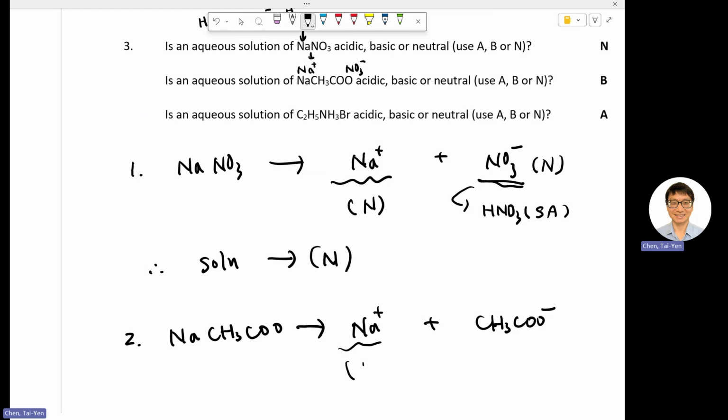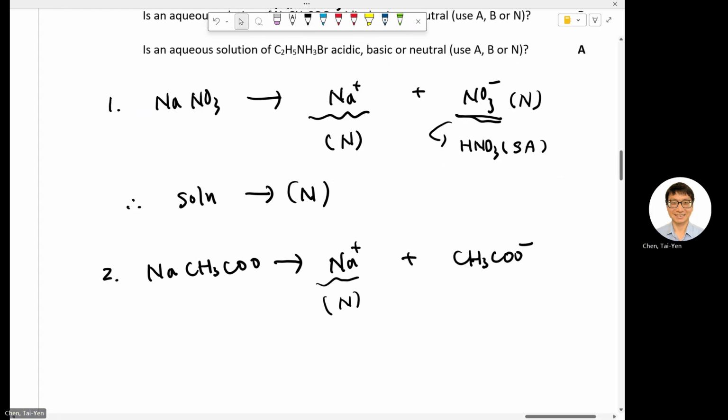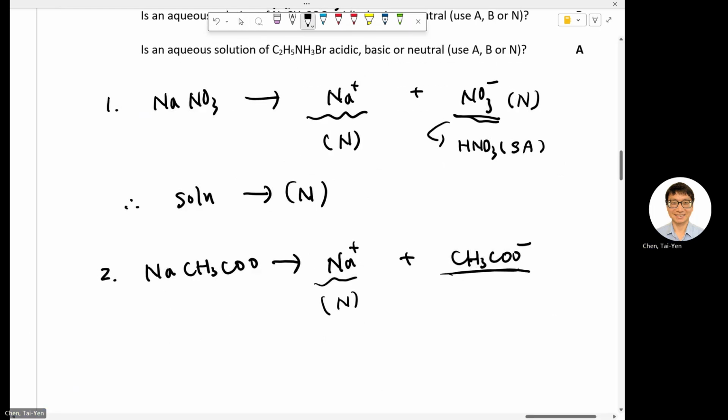Na+, again, is neutral. This guy will be the conjugate base of CH3COOH, which is a weak acid, right?